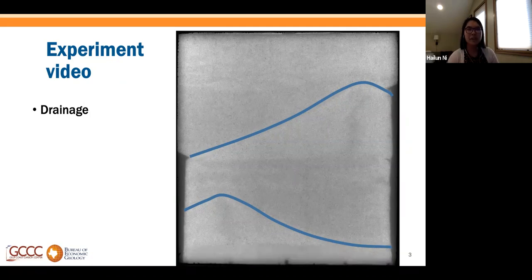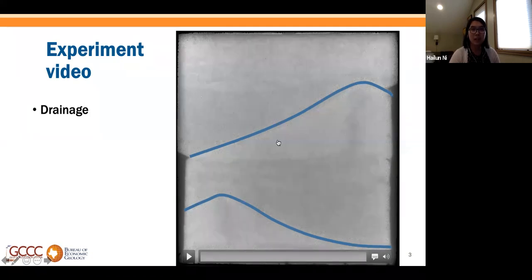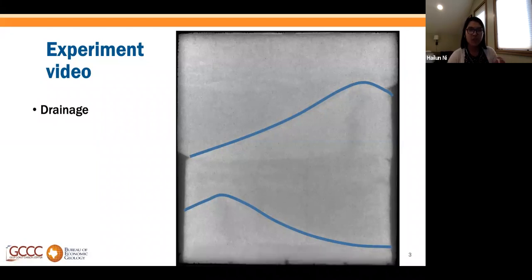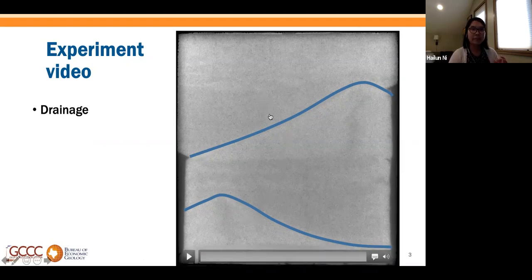For example, for this particular experiment, we have two very simple capillary barriers here, one at the bottom and one at the top. These capillary barriers are built with glass beads with just slightly smaller grain diameters than the glass beads that make up the rest of the domain.